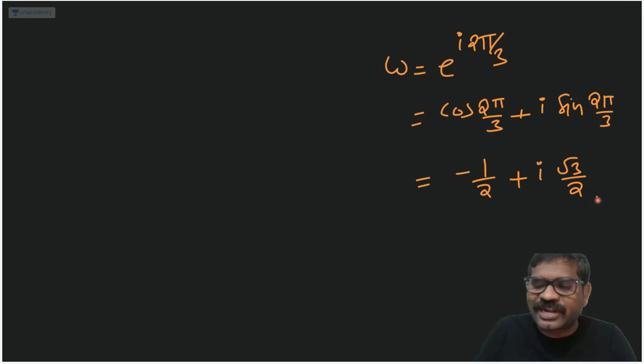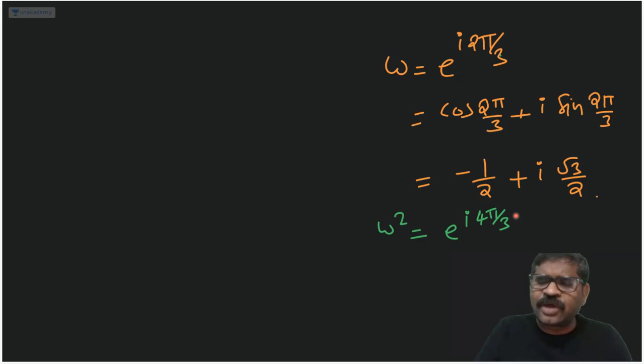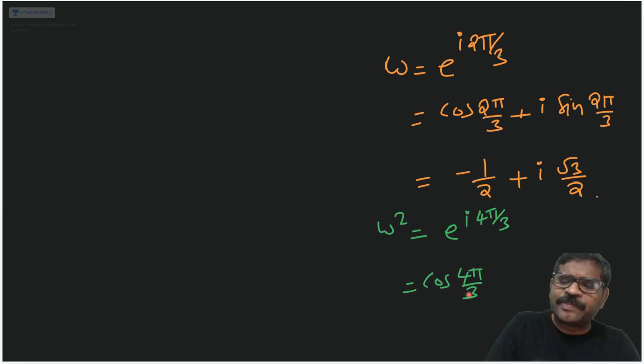Second quadrant, cos negative, sin positive. That's why minus 1 by 2 plus i root 3 by 2. Next, omega square: e power i 2 pi by 3 whole square, meaning e power i 4 pi by 3. Now e power i 4 pi by 3 is cos 4 pi by 3 plus i sin 4 pi by 3. Okay, not 4 pi by 9, 4 pi by 3 only.